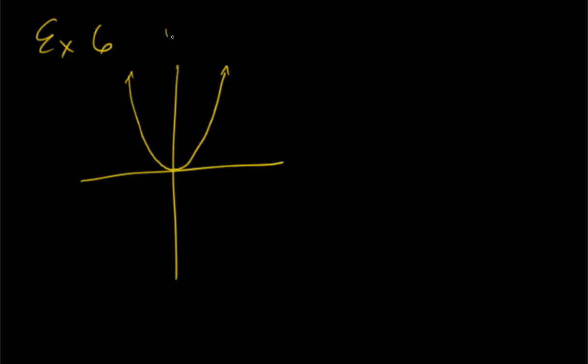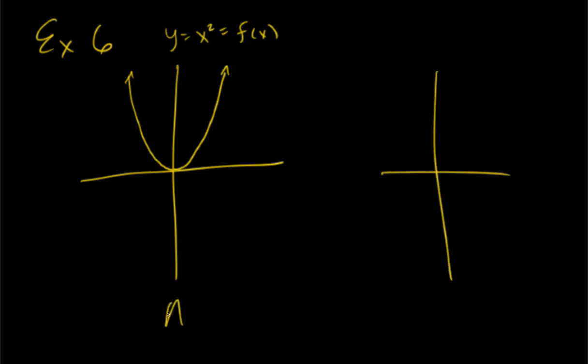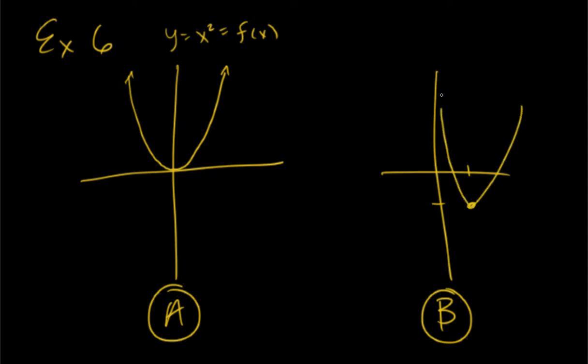And it's defined as y equals x squared, or specifically f of x equals x squared. Then it says figure B is a horizontal and vertical shift of A. What is the equation of B? So this is our A, this is our B, and it looks like it's been shifted over to the right 1 and down 1.